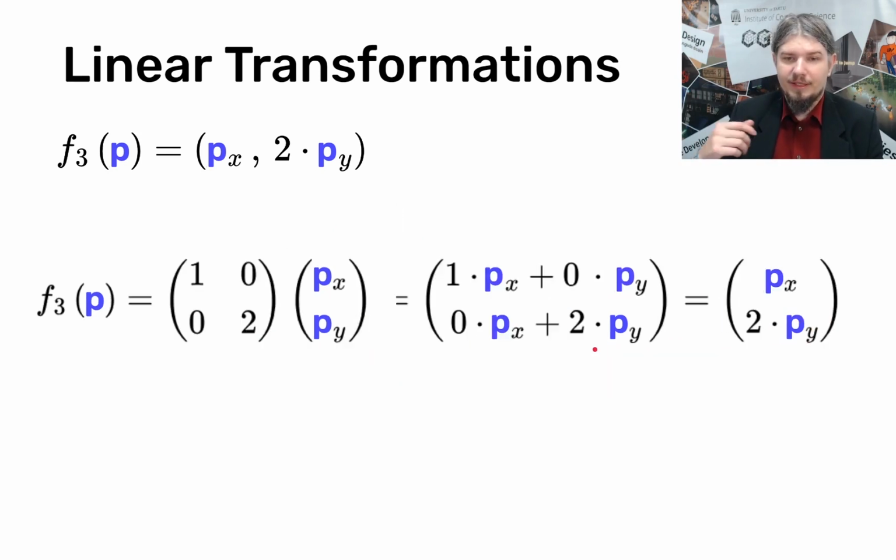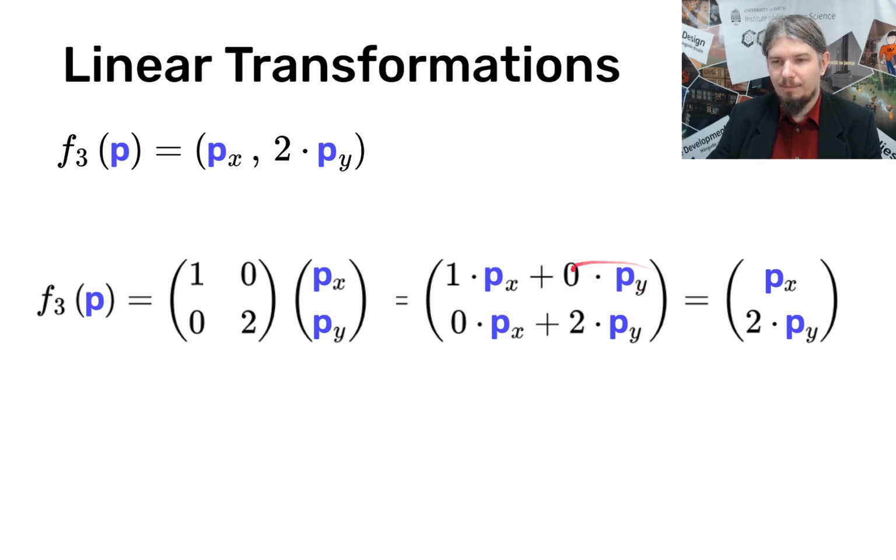So now that we know this, we can very easily find out that in order to multiply the second coordinate by 2 and leave the first coordinate as it is, we want to put 1 and 2 on the diagonal of this matrix and zeros otherwise. Because it is exactly this matrix that gives us 1 times px, which we want as the first coordinate of the result, plus 0 times py.